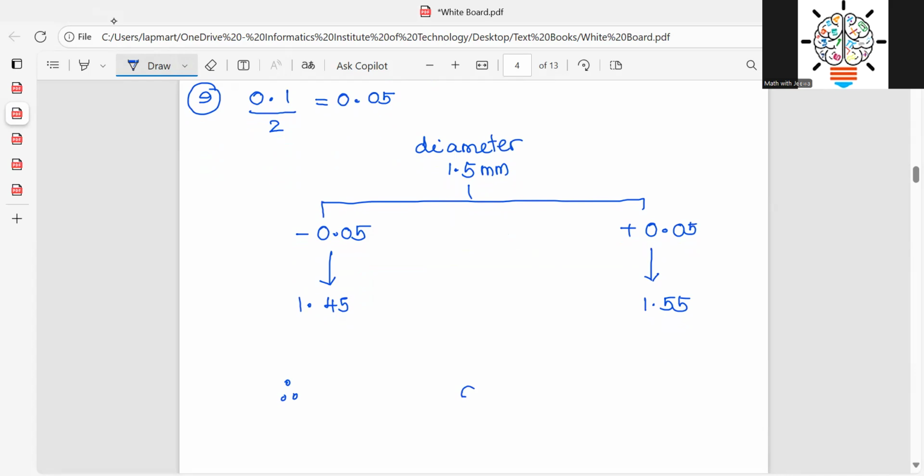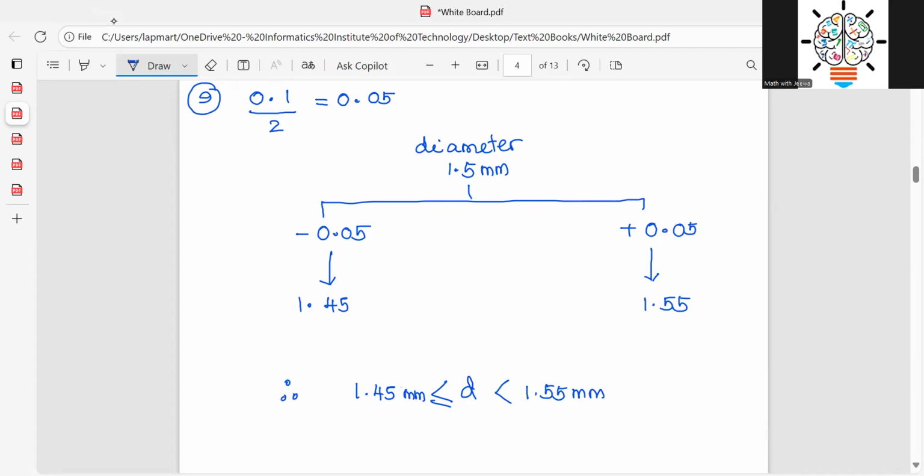Therefore, the diameter should be either equal to or more than 1.45 millimeters, right? So you want to write this with the unit, 1.45 millimeters, or it should be less than 1.55 millimeters, right? So why is it not an equal sign?